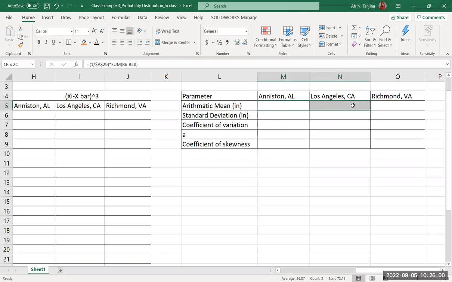Okay, I'm giving you the numbers, and you can check if you got the same number or not. You got that number, all of you?